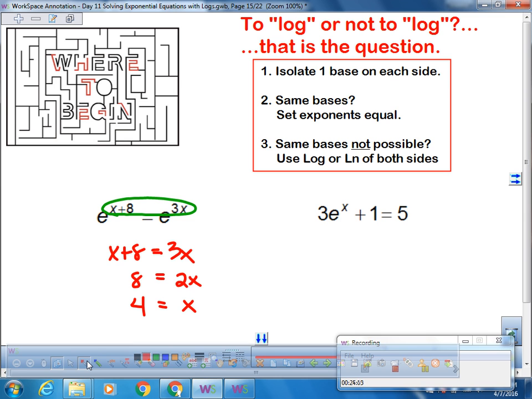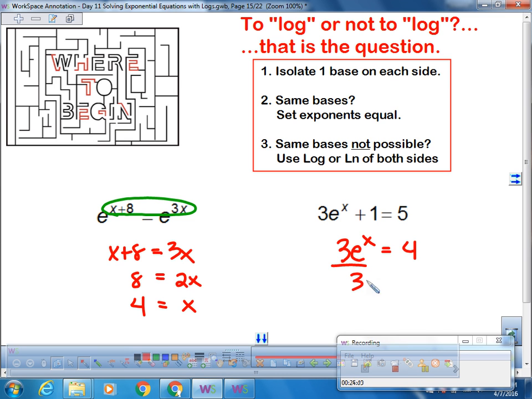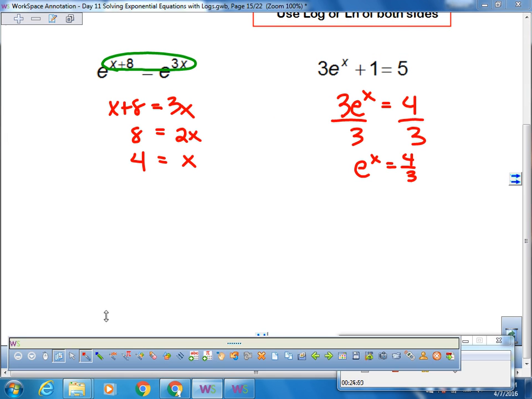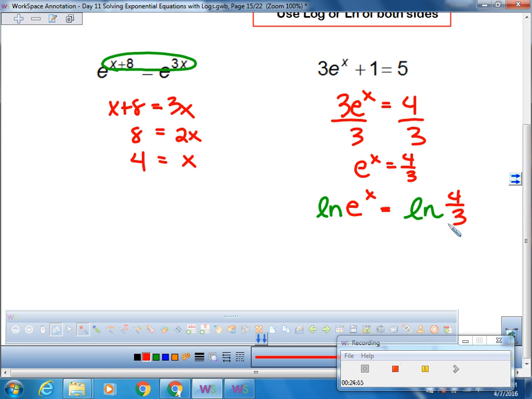Let's check. Make sure. So I've got 3 e to the x plus 1 equals 5. Subtract 1 from both sides, I get 4. Right? Divide both sides by 3. And I get e to the x equals 4/3. Now if I take the natural log of both sides, what do you notice here?